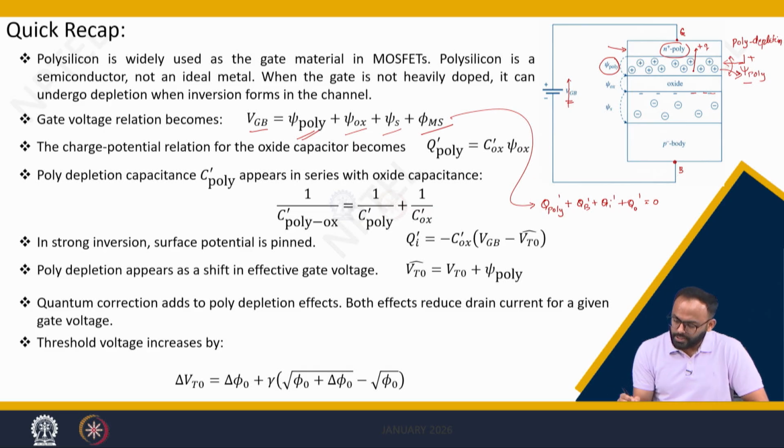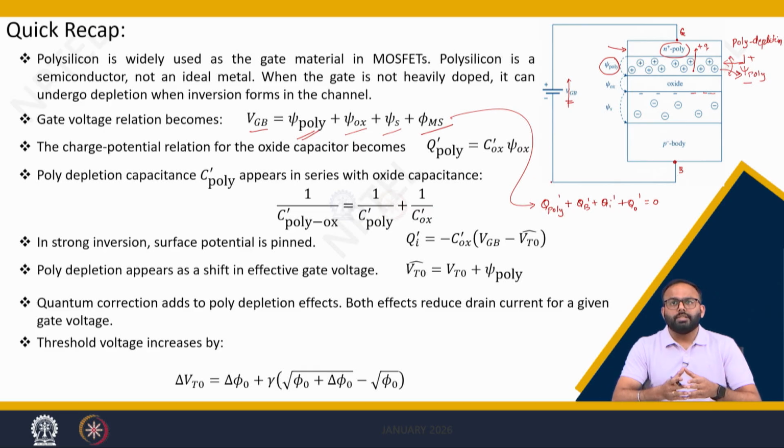Then we discussed how this polysilicon gate influences the MOSFET operation when it operates in weak inversion and strong inversion.